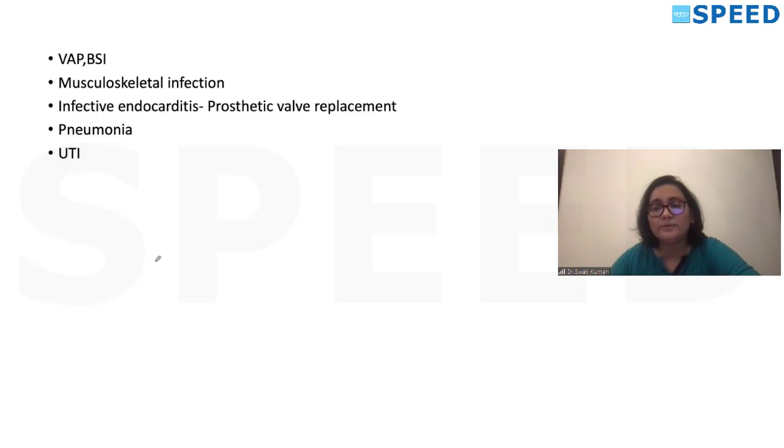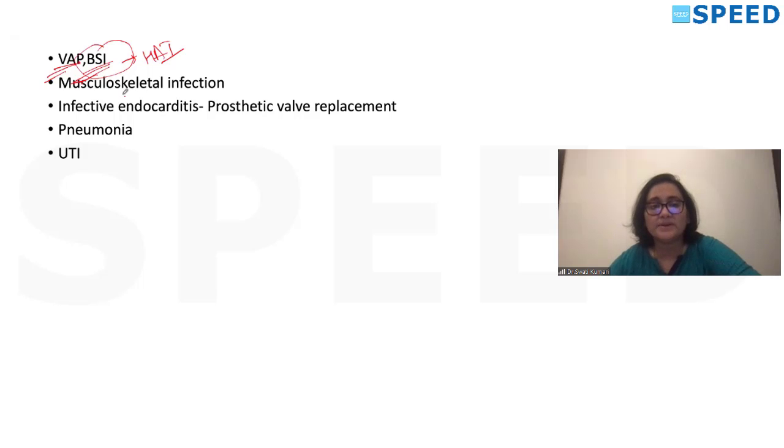So apart from these skin infections, what all infections can Staphylococcus aureus cause? VAP, ventilator associated pneumonia, and bloodstream infection. These are all hospital acquired infections caused by Staphylococcus aureus. A patient on a central venous catheter or peripheral catheter, you see bloodstream infection.